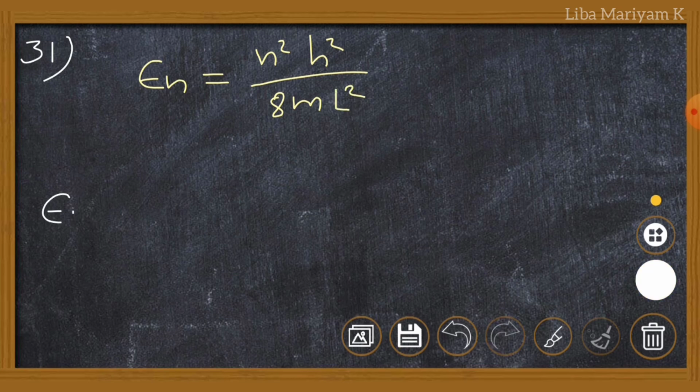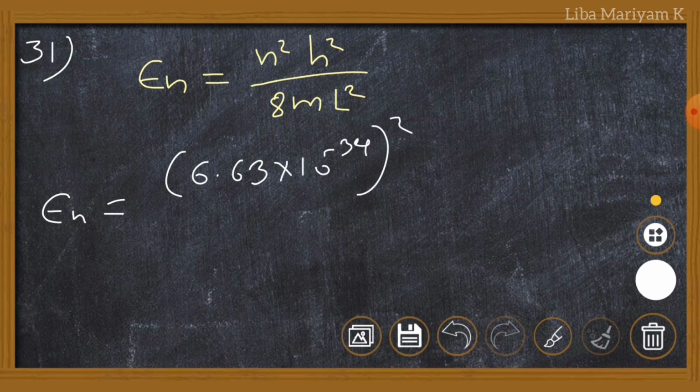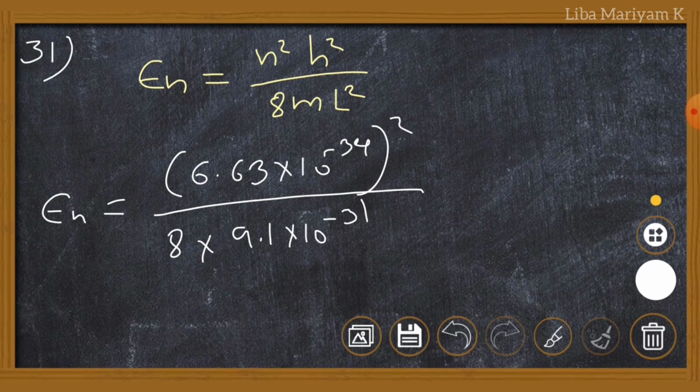Here for ground state energy n is 1, and value of h is 6.63 into 10⁻³ whole square divided by 8 into mass of electron, 9.1 into 10⁻³, into width of the well, 1 angstrom, that is 1 into 10⁻10 meter square.